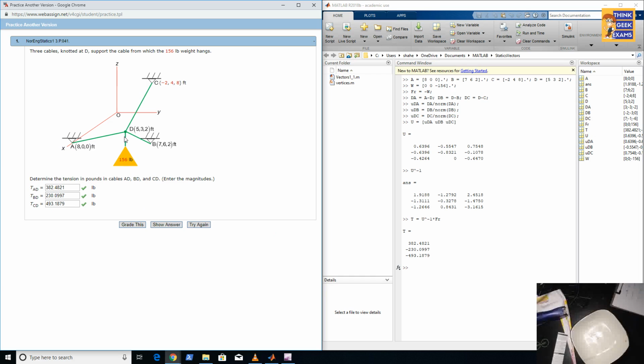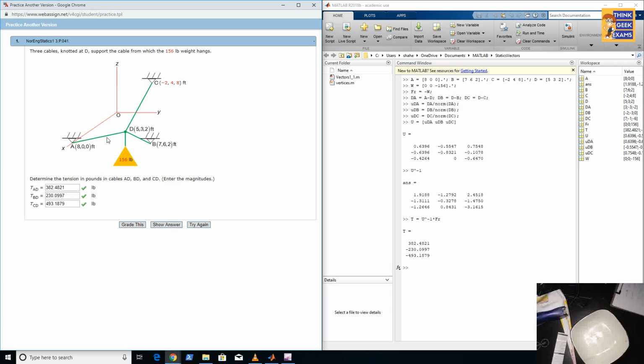Maybe because there's a string actually below the point D, so it's actually pulling it downwards. It's actually adding to the weight of this, and so that's why this string is actually pulling it downwards. So that's kind of in the negative direction.